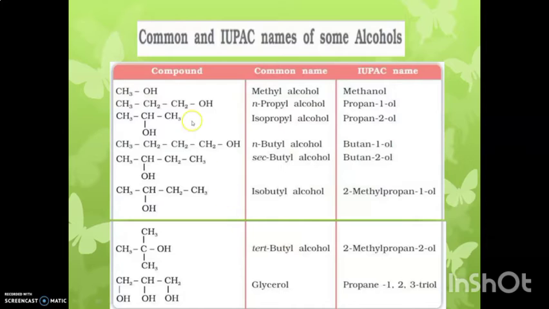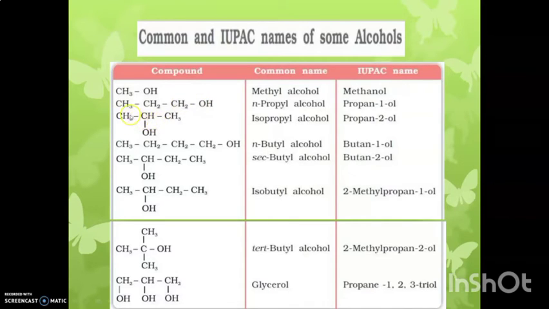Here you can see some more examples. It contains only one carbon atom and a hydroxyl group, so it is methanol. The common name is methyl alcohol. If you count here 1, 2, 3, so propane. For propane, we have to remove that E and instead add the position of the hydroxyl group. It is attached to the first carbon, so we call it propan-1-ol. What about this one?